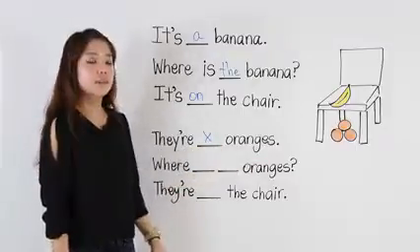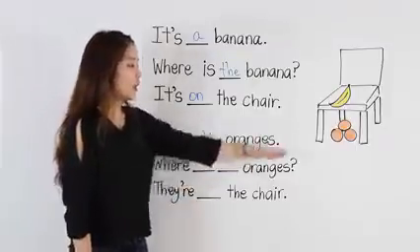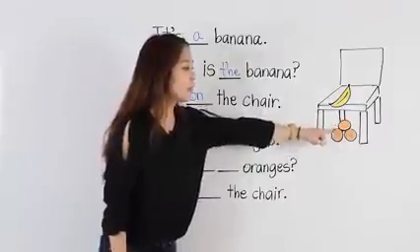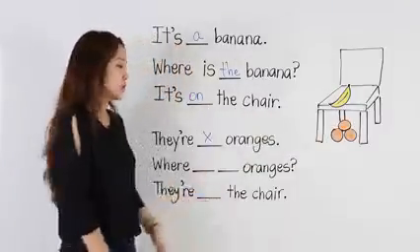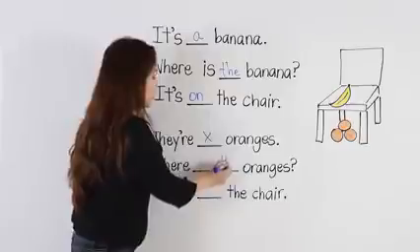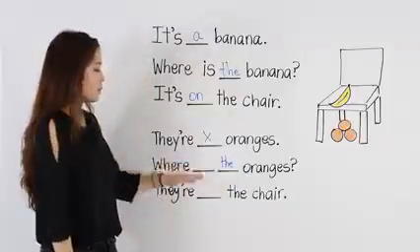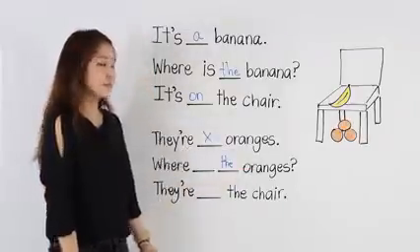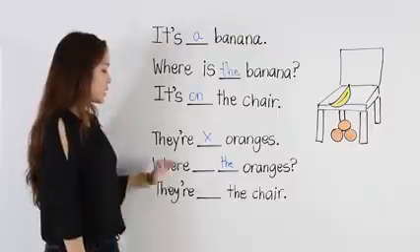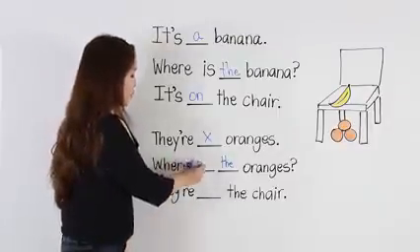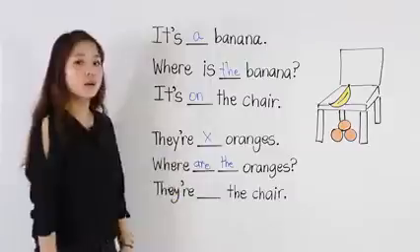Okay, where? Oranges. Okay, now, again, you know I'm talking about these specific oranges. So we use the. Where? The oranges. Okay, remember when you ask a question with plural, you need are.